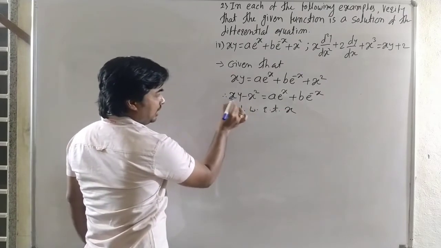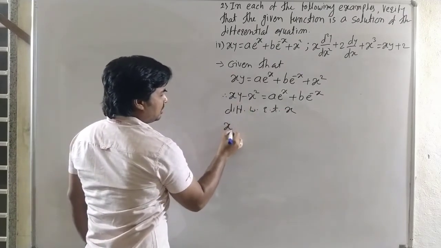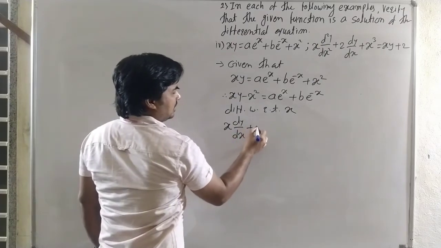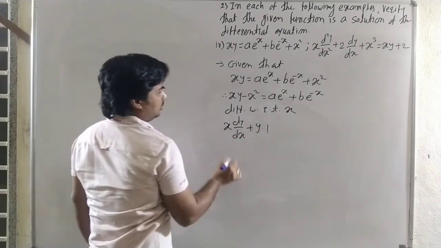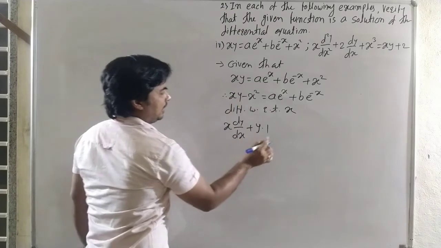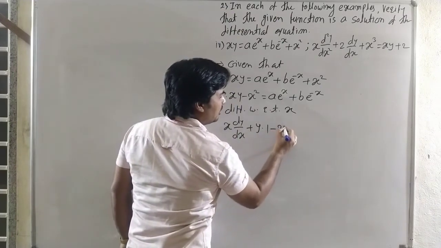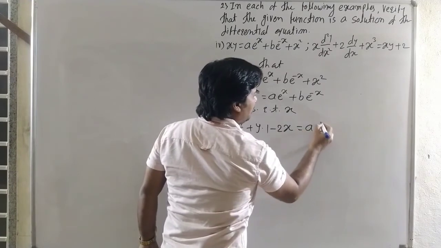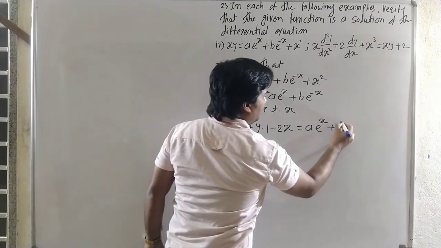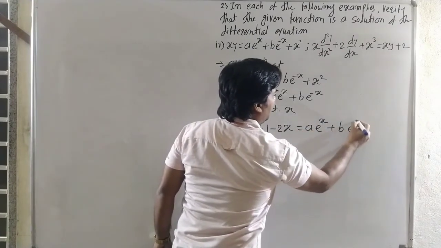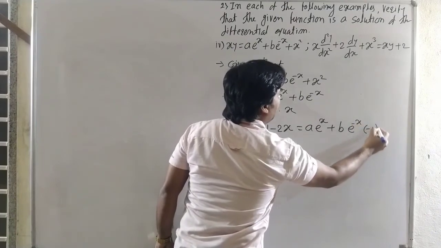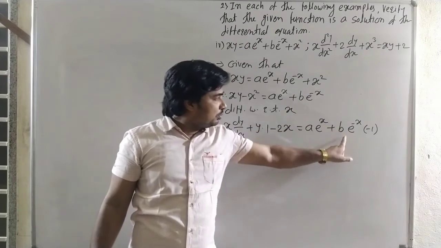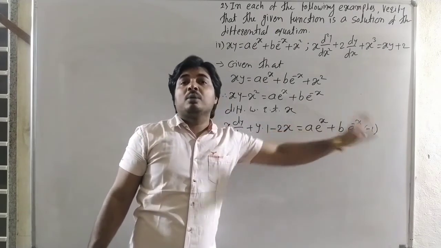Here x into y, we use the u into v rule. First as it is, derivative of the second, plus second as it is into derivative of the first. It is derivative of x into y, minus the derivative of x square, it is 2x, is equal to a into e to the power x, it is derivative of a into e to the power x, plus b into e to the power minus x into minus 1.